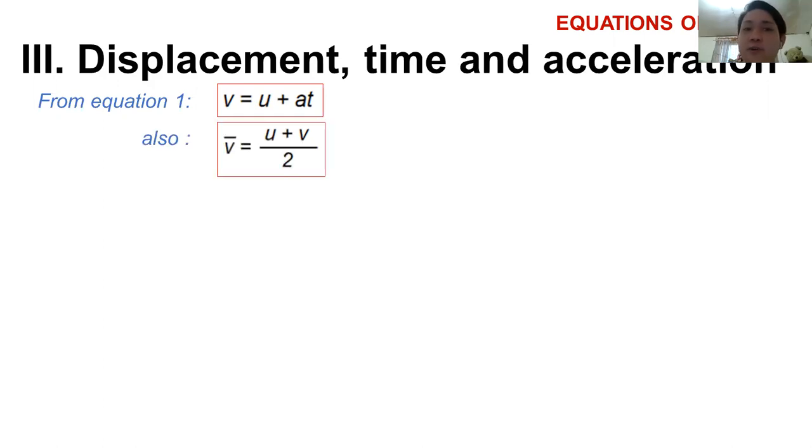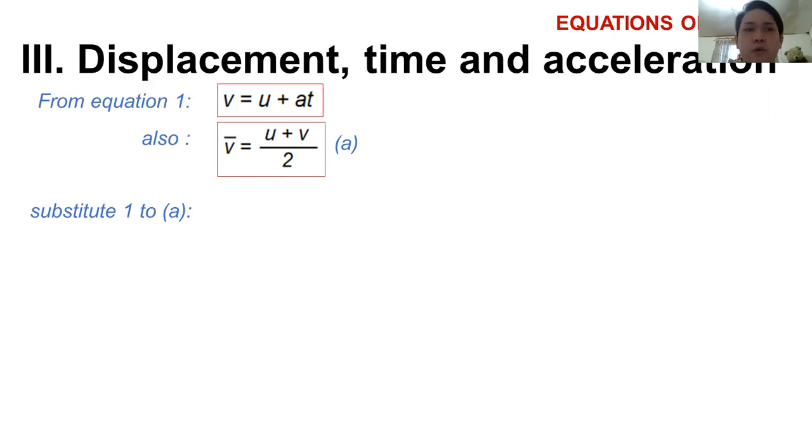To start, we have to review that from equation 1, we have V is equal to U plus AT. And from equation 2, we review that the average velocity is U plus V all over 2. We can name it equation A.